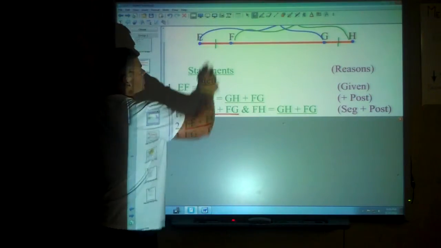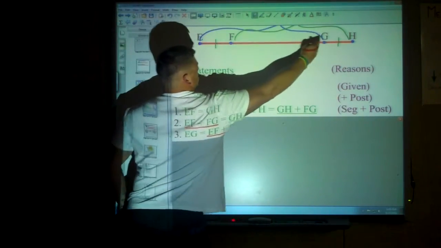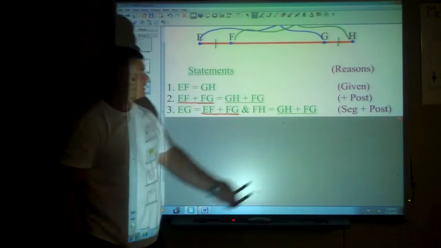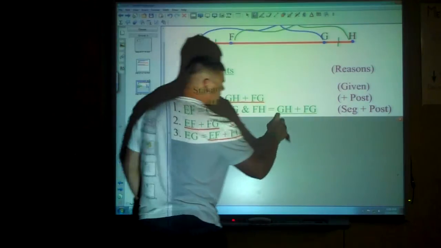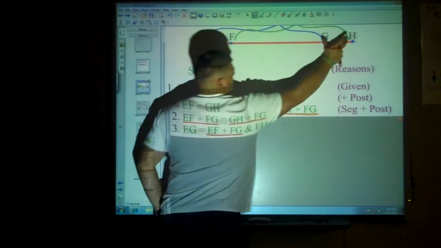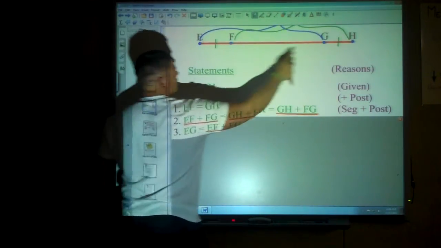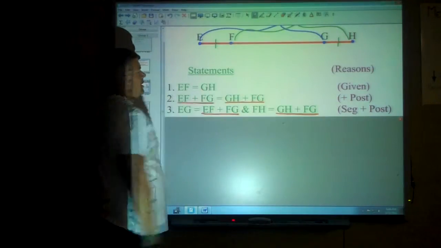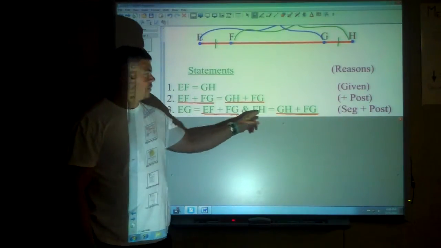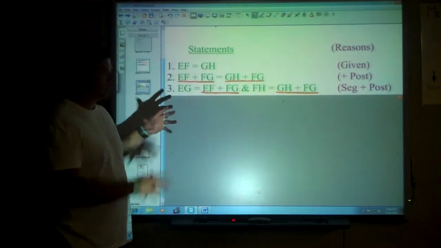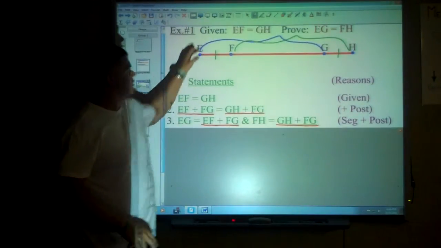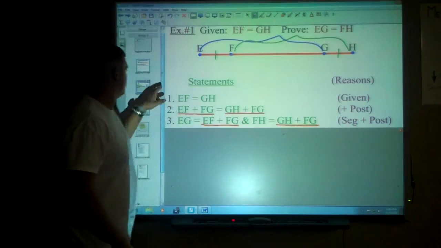And anytime you take one chunk and add it to a second chunk to make a longer piece, that's going to be your segment addition postulate. You'll notice here's that part here and here, saying that this piece plus this middle piece will equal the entire segment H to F, or F to H, either way. So that's the same piece. We now know that we're dealing with the whole segments that I labeled as the blue and the green.